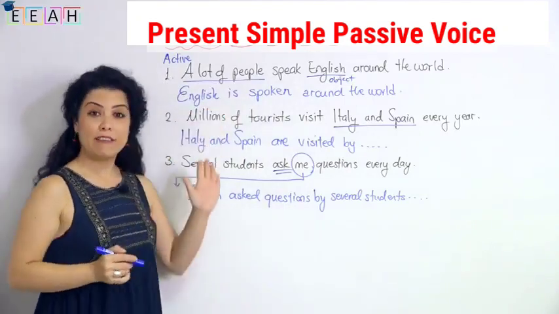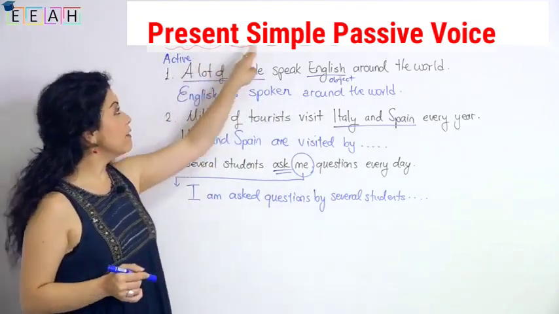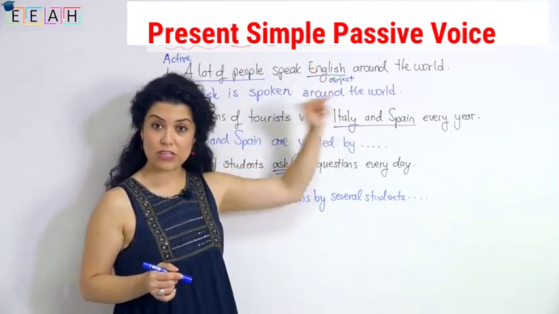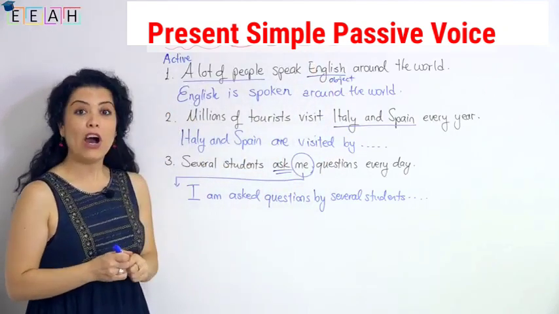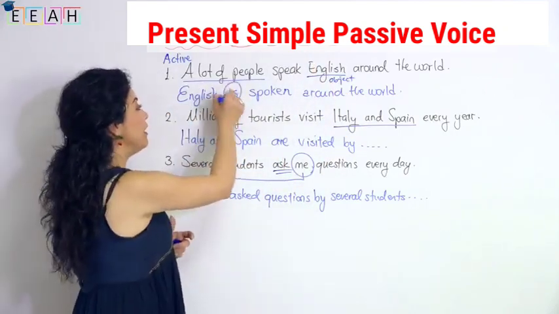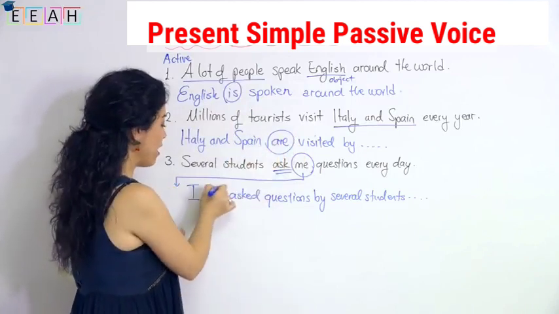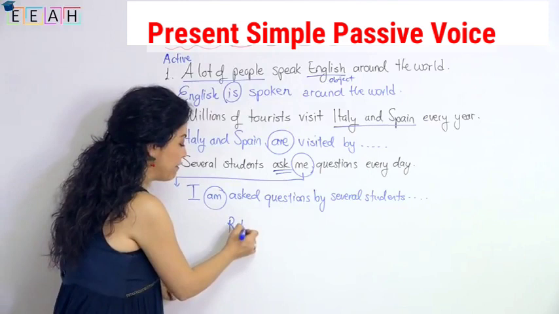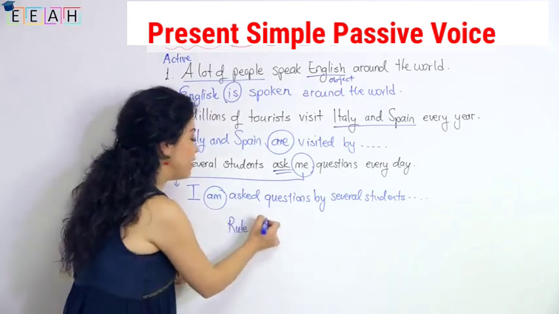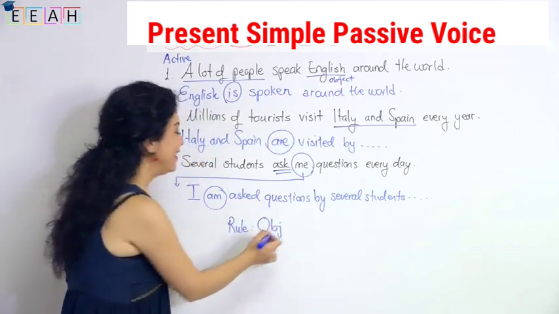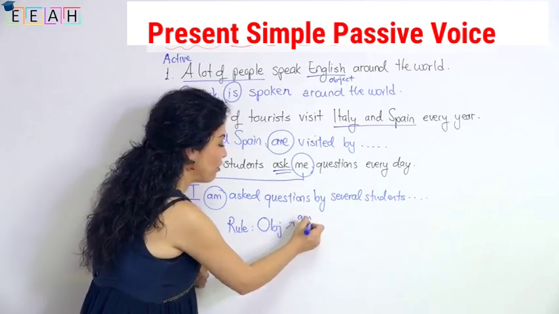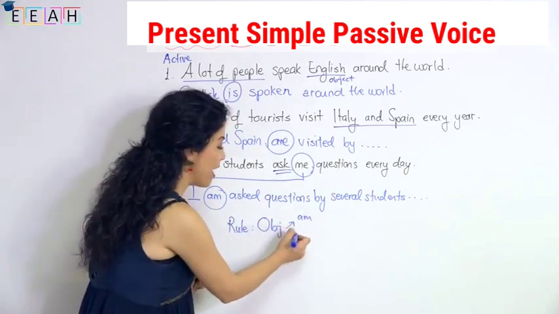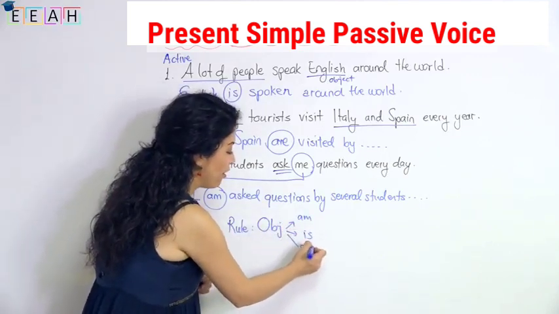So, in these three examples, we formed present simple passive voice structures, okay? And in each example, I used a different auxiliary. Look: is, are, or am. So, if I want to come up with the rule of present simple passive, I need to write this. We have the object, as usual. Depending on the object, you either start or continue your sentence with am, is, or are.